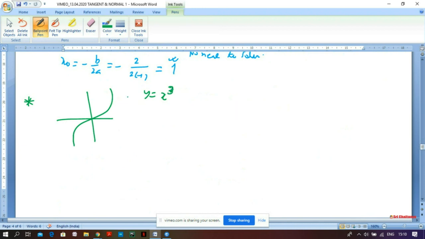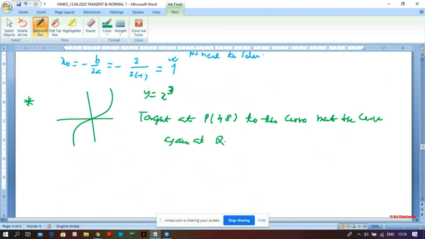Now the tangent at P 2, 8 to the curve meets the curve again at Q, say Q, then find Q, meaning find the point.